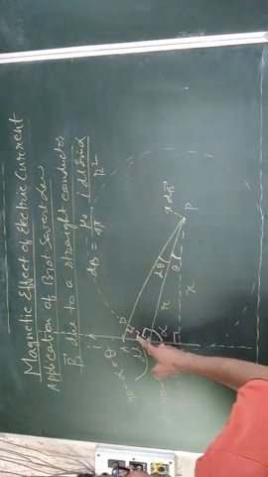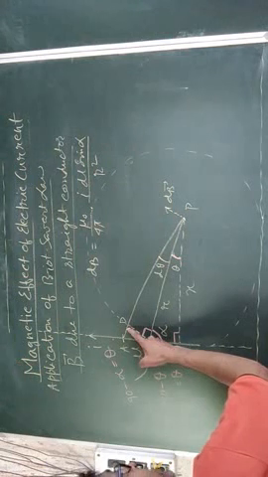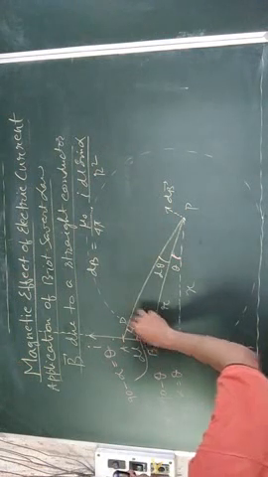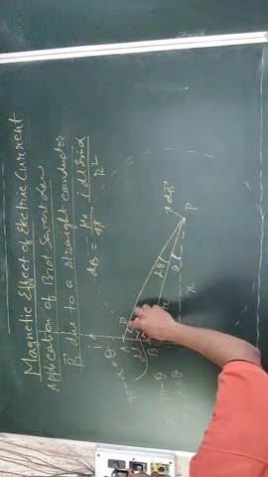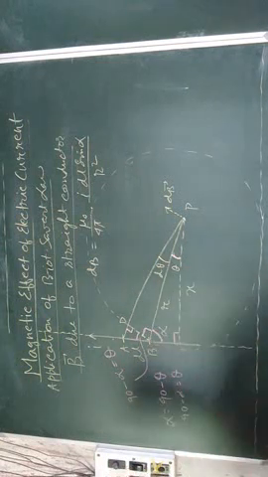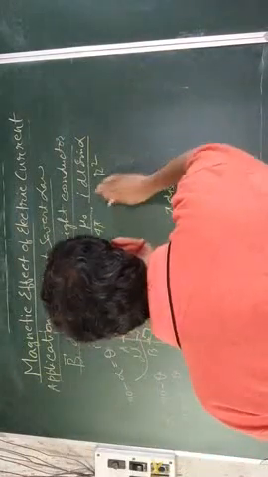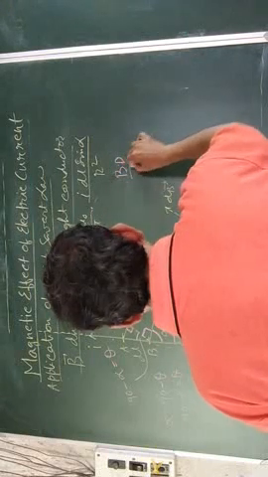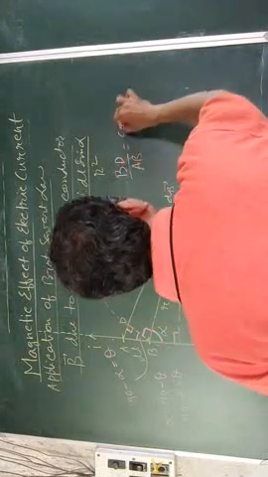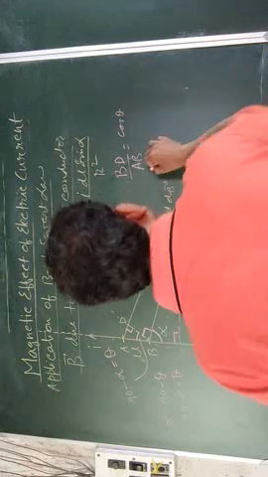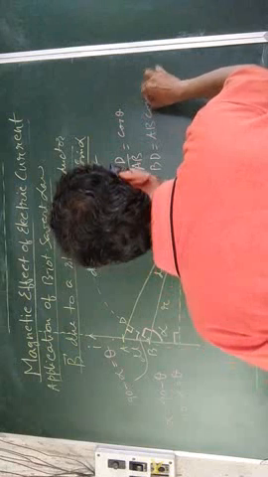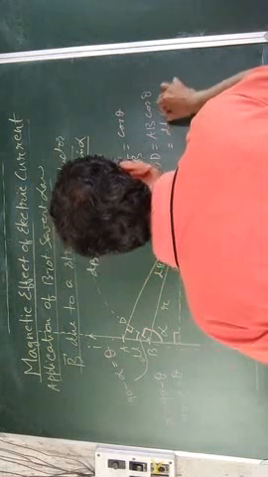So this angle is theta, this is 90 degree. So this will act as hypotenuse. This is base and this is perpendicular. So BD by AB definitely is cos theta. That means BD is equal to AB cos theta. That is dl cos theta.